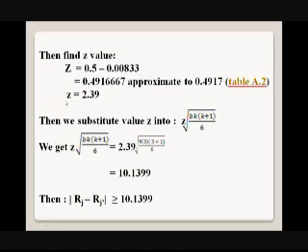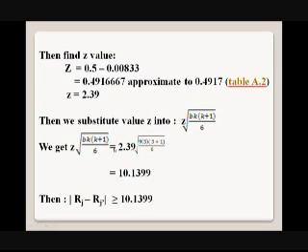After we get the value of z, we substitute it into the right hand side of the formula, that is z times the square root of b k times (k plus 1) over 6. We substitute the information before into this formula: z equals 2.39, b equals 9, and k equals 3.